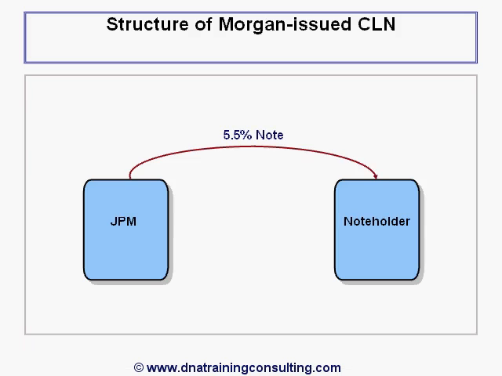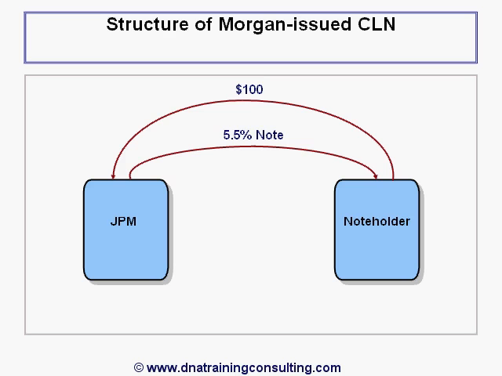A diagram is about to appear in which JP Morgan therefore issues a $100 note with a 3-year maturity and a coupon of 5.5%, with the following important clause regarding the repayment of the bond's principal.